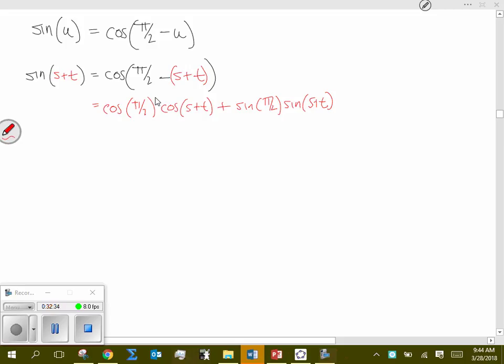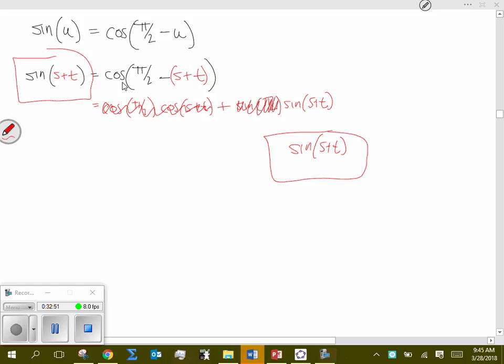So this thing's going to wipe away. We know sine of pi over 2 is 1. So I got 1 times sine of s plus t, and I'm just left with sine of s plus t. So it does show us that, yes, indeed, we do have the right information here. This does equate, okay? However, it doesn't generate anything new for us, right? Let's see if we can work through here to see if we can generate something new.